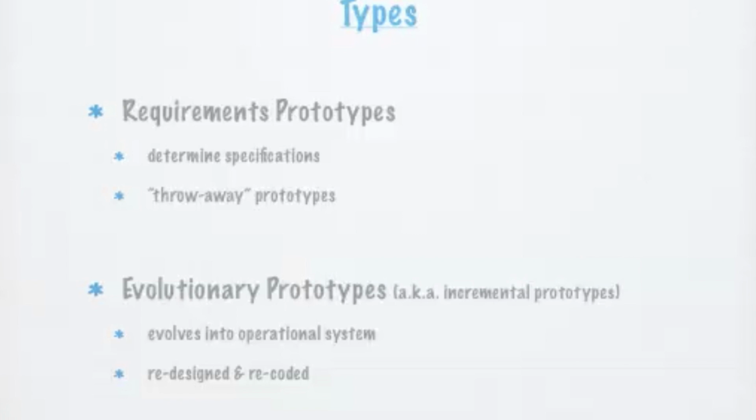The evolutionary prototypes evolve into the actual operational system, which is then redesigned and recoded and, like I said earlier, tweaked, and that actually goes into a product. But the requirement prototype, the easiest way to think of it, is a sketch, basically.